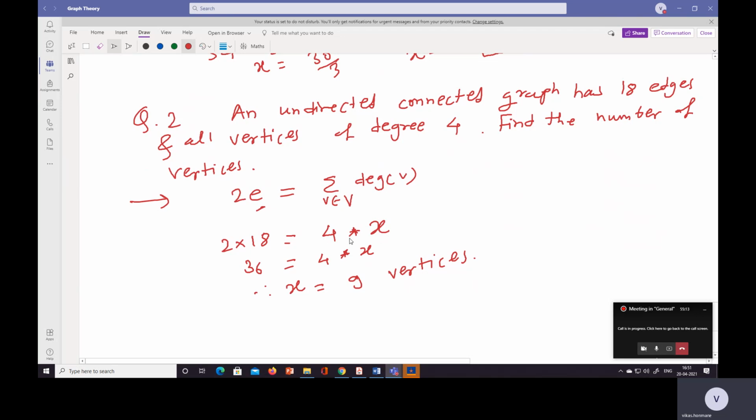For this summation we have converted it into multiplication. Let me just show you.